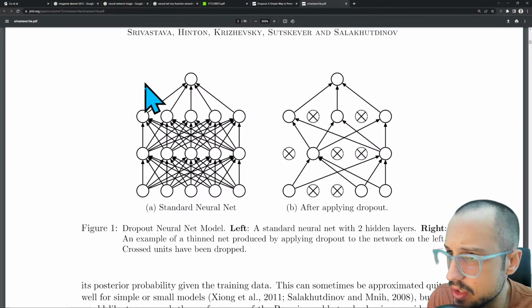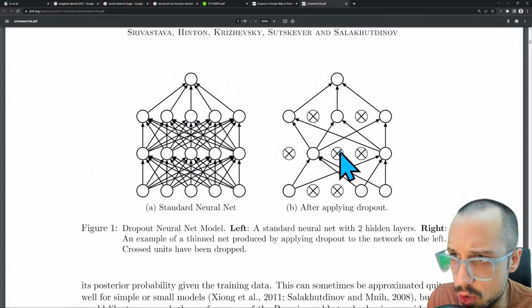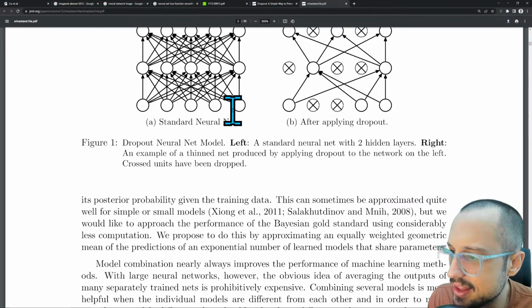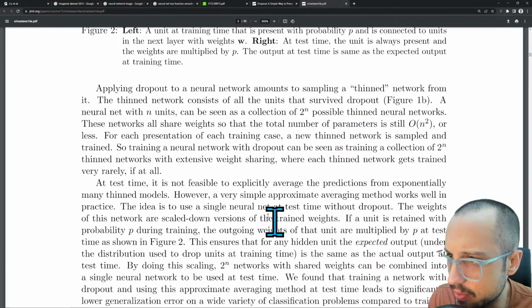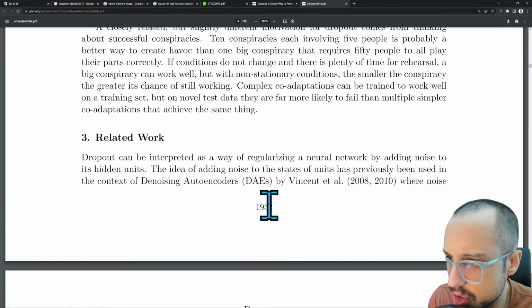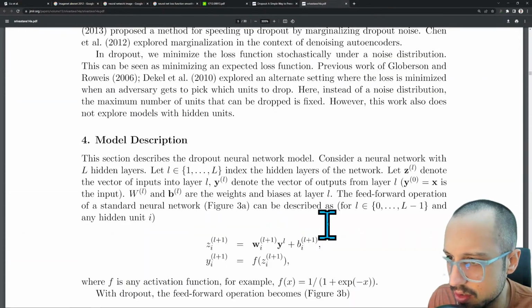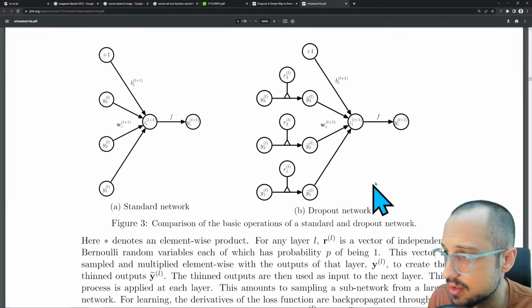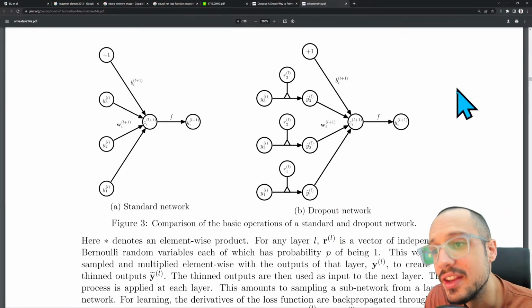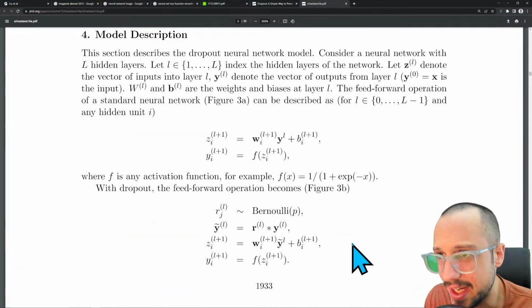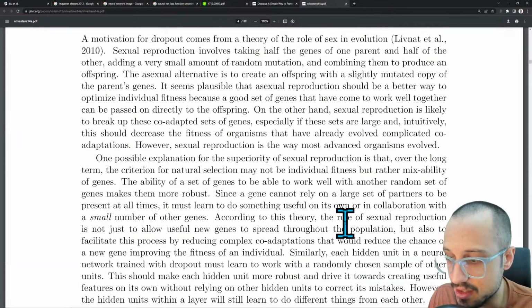This is a little neural net, and then you have the neural net with dropout. During training, you're going to drop out some of these neurons. One way they describe dropout in this paper is that you're training an ensemble of subnetworks. You're not training one neural network, you're training an ensemble, which means many.